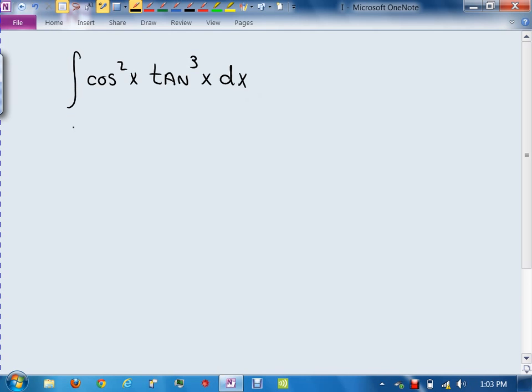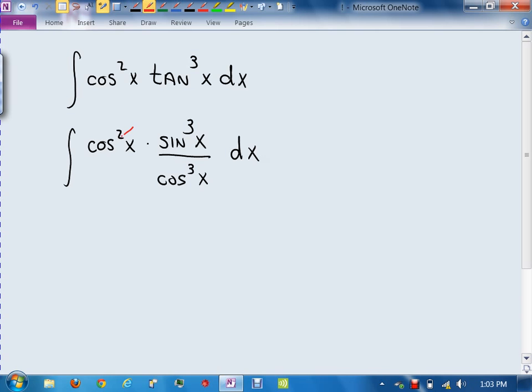One thing you could do, this isn't the only thing, you could switch everything in terms of sine and cosine. Tangent, by definition, is sine x over cosine x, so tangent cubed is sine cubed x over cosine cubed x.